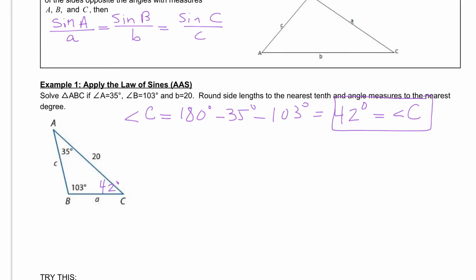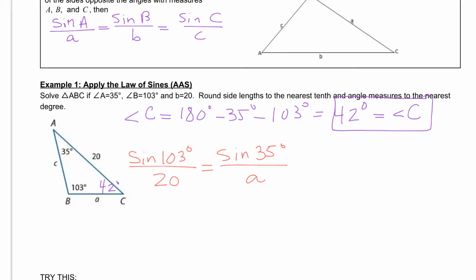So starting with this, I know I have the sine of 103 degrees, which is B. So sine of B over little side b, so over 20, is going to be equal to the sine of 35 degrees over little a, using angle A and side A. So I have both of my b's, my angle B and my side B. I have my angle for A, and the side a is what I'm looking to find.